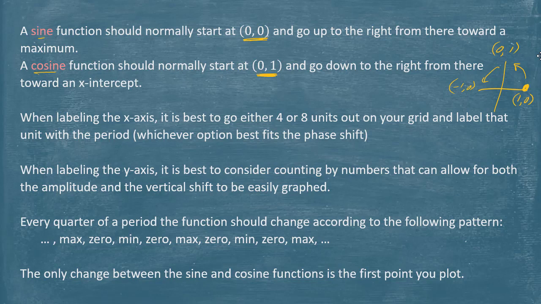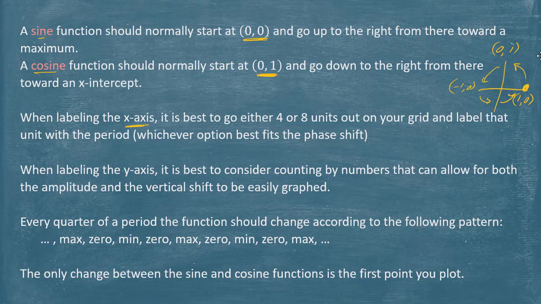So when it comes to our labeling of our axes, ultimately the x-axis will want to account for anything that's horizontal, so that would be my period and my phase shift, and just go out whatever amount that would be. I personally like to go to whatever the fourth tick mark is, that way each tick mark would be a quarter of the period, and that takes advantage of the fact that every time I go through a quadrant, it goes from a nice number to the next nice number, 0 to 1, or maybe 0 to -1, or vice versa, 1 to 0 or -1 to 0.